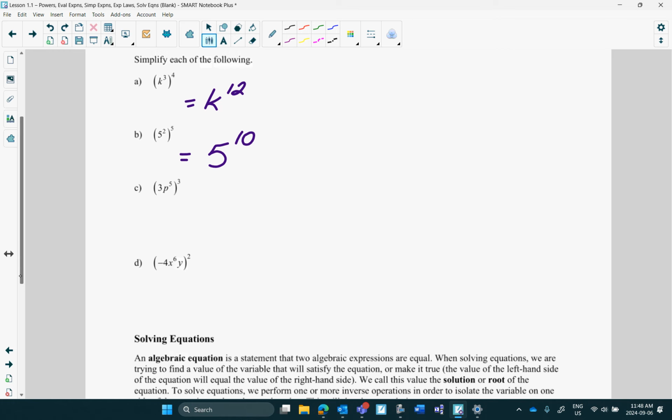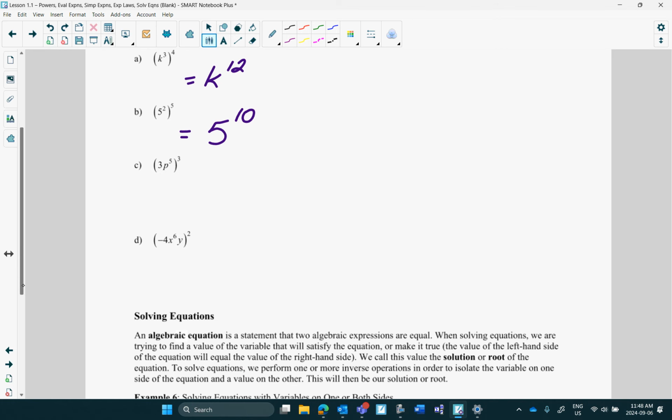These next two. Remember, this means you've got to go 3 to the third, and then we're going to multiply that by p to the 5th to the third. So this isn't an exponent law. 3 to the third is 27.